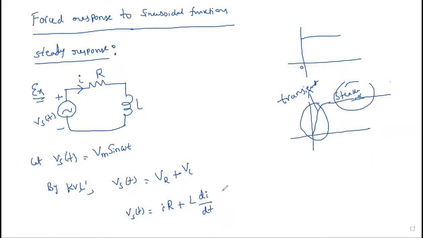I will assume the current I of t is equal to some constant A into sine of omega t minus theta. Otherwise, you can assume it is plus theta. It is up to you.